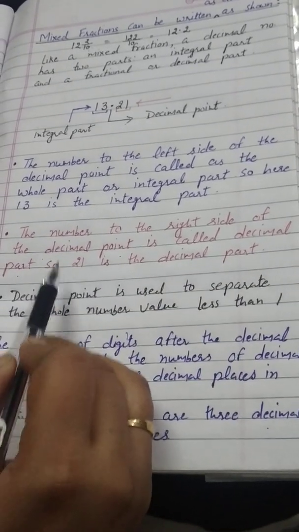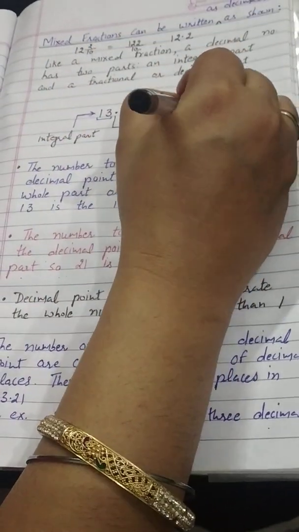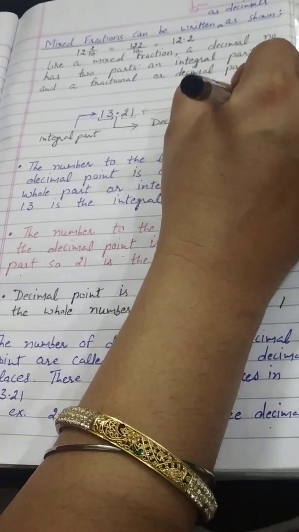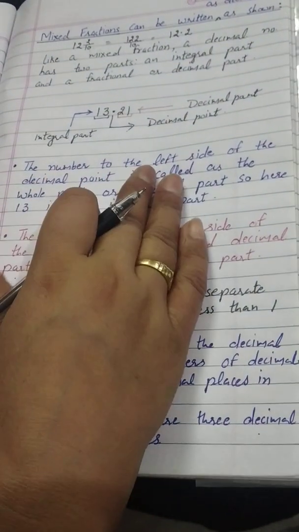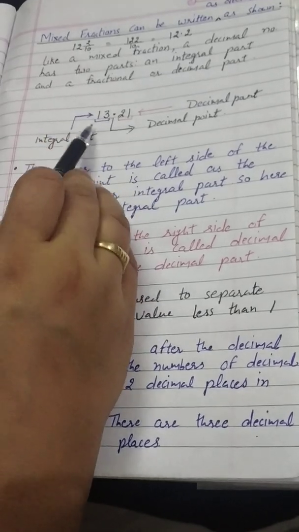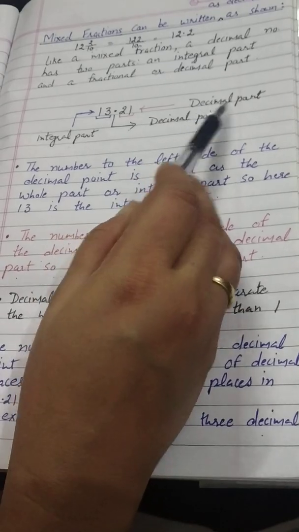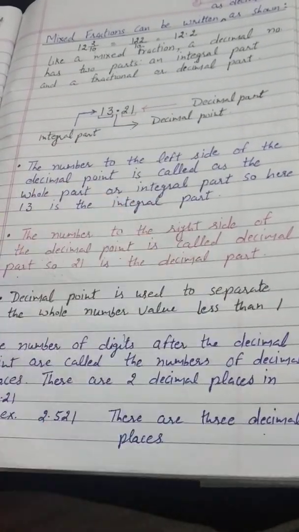Here, 21 is the decimal part. Before the decimal point is the integral part, and after the decimal point is the decimal part.